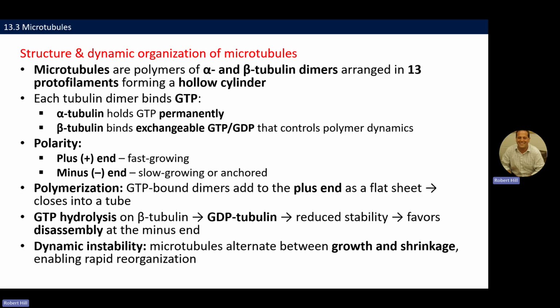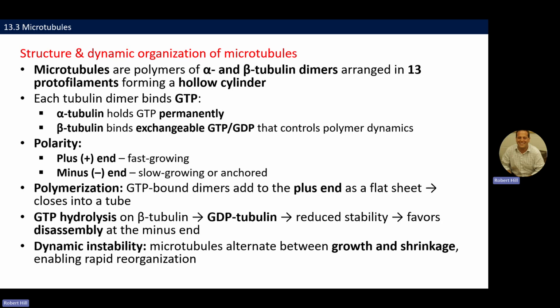All right, so each tubulin dimer binds GTP. GTP interacts with tubulin very rapidly, with high affinity, and GTP hydrolysis is very important in the polymerization of these microtubules. Each tubulin dimer binds GTP, but only the GTP on beta tubulin is exchangeable and regulates the polymerization.